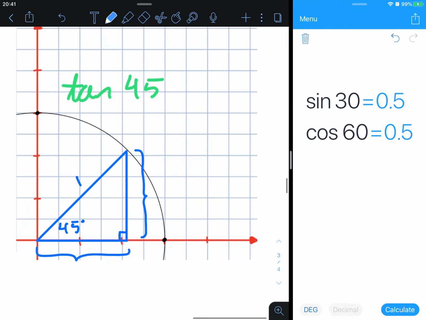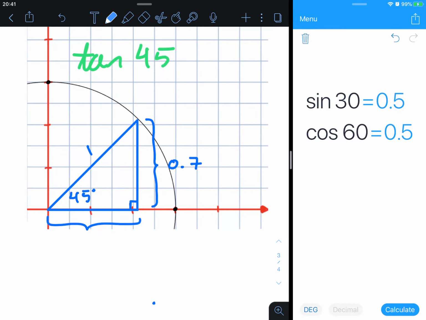So that length looks to be about, well, that's 0.5. 0.75 is about here. I'd say that's about, we'll just estimate it to be about 0.7. And this length here, that 0.5 is about here.